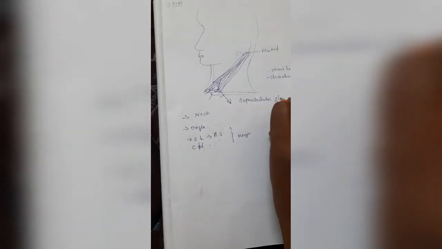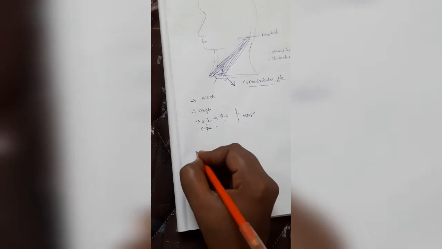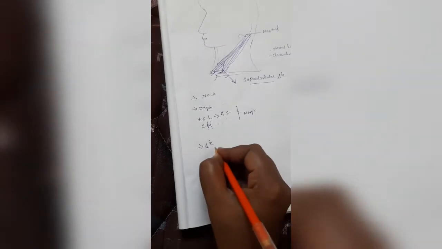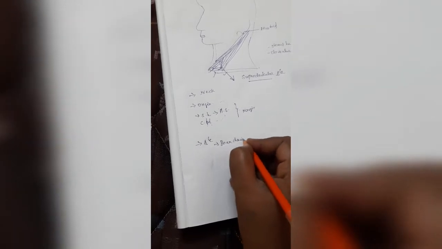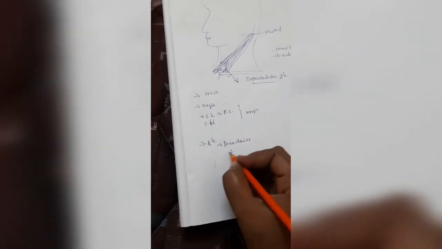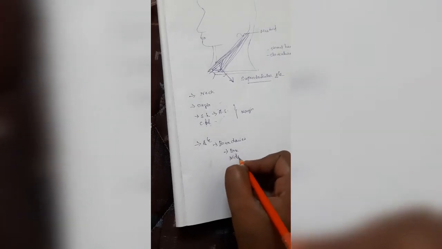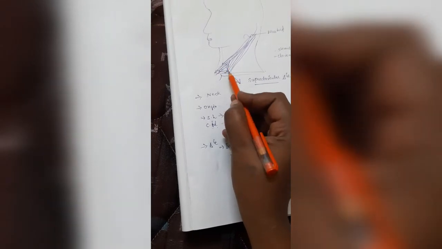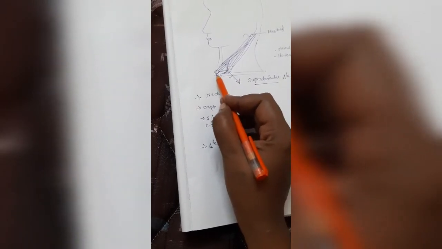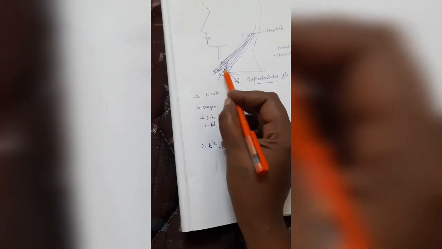Once you have written the origin, you have to mention the triangle boundaries: the base as well as the sides. You can easily remember the sides as the clavicular head and the sternal head, and the base as the bones.